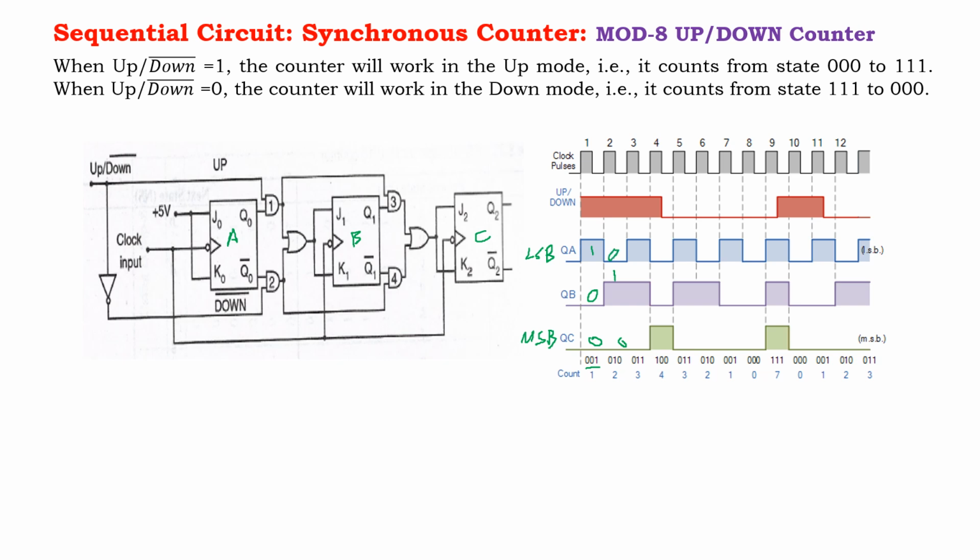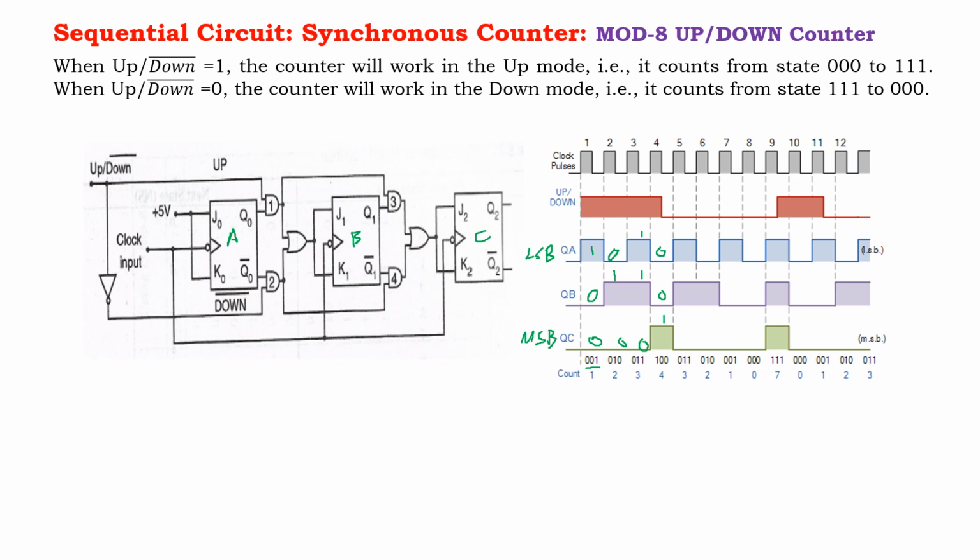At that point this is 0, this is 1, and this is 1, so that is 0, 1, 1, so this is 3. Now this is 1, this is 0, this is 0, so that means 4 here.